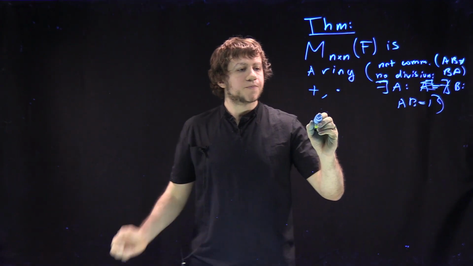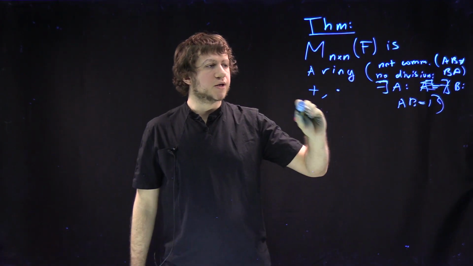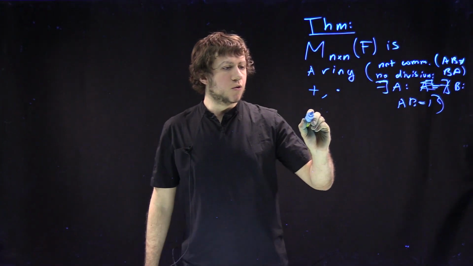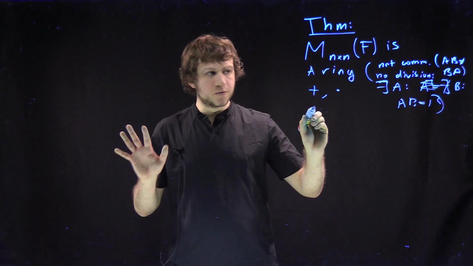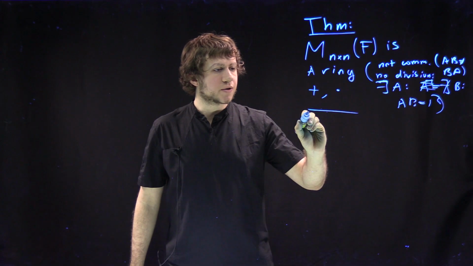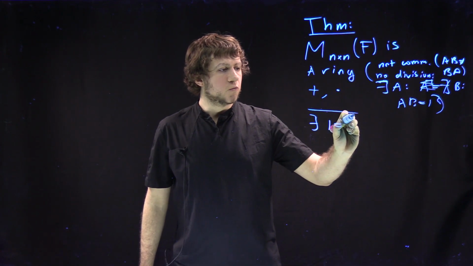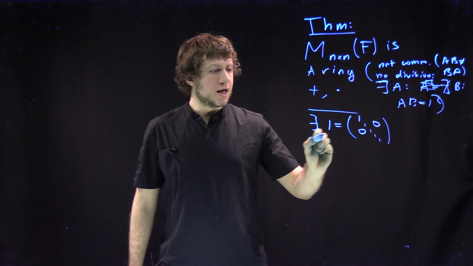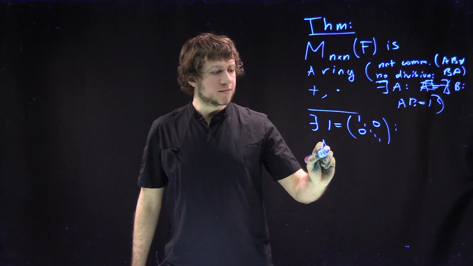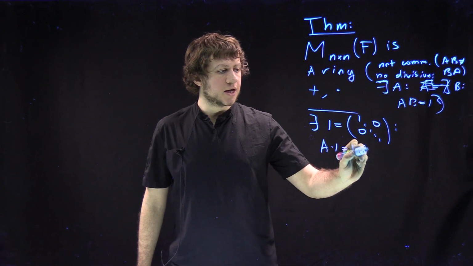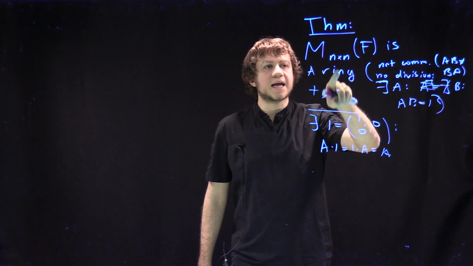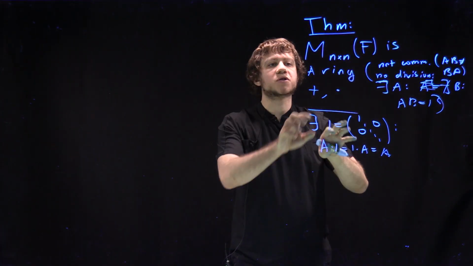Then there are properties of multiplication which hold. Let me go through that actually. So properties of addition we already saw. There exists a unit matrix 1, which has 1s on the diagonal and 0s elsewhere. And for this matrix, A times 1 is equal to 1 times A, which is A. More importantly, when you multiply matrices of size n by n, you get a new matrix also of this size.